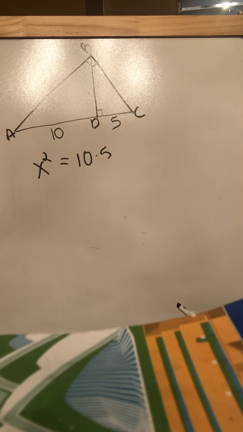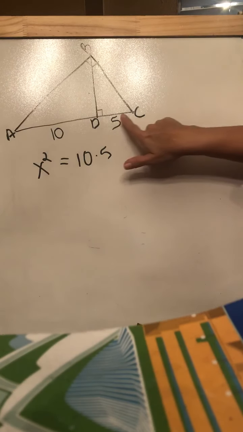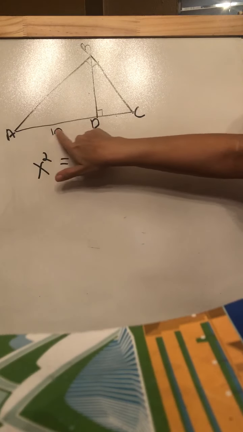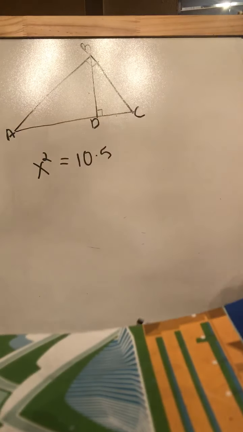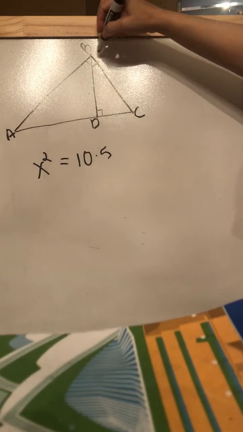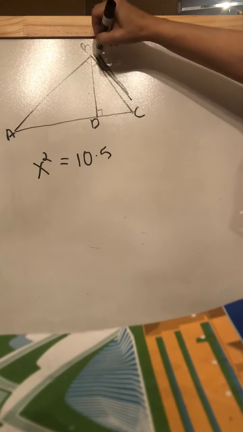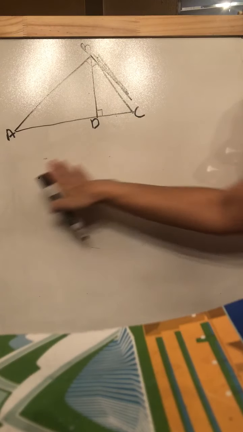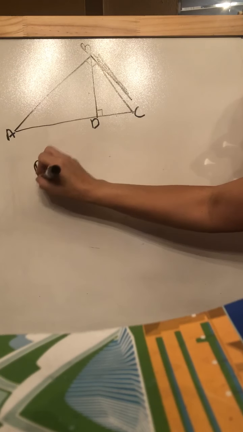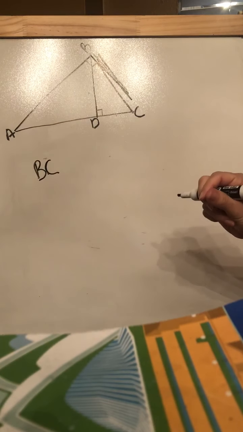Okay, so the geometric mean of, let me erase these numbers here. I'm going to leave my same ABCs here. The geometric mean of this side, right here, okay? So we're going to say BC. That's what we're trying to figure out here.